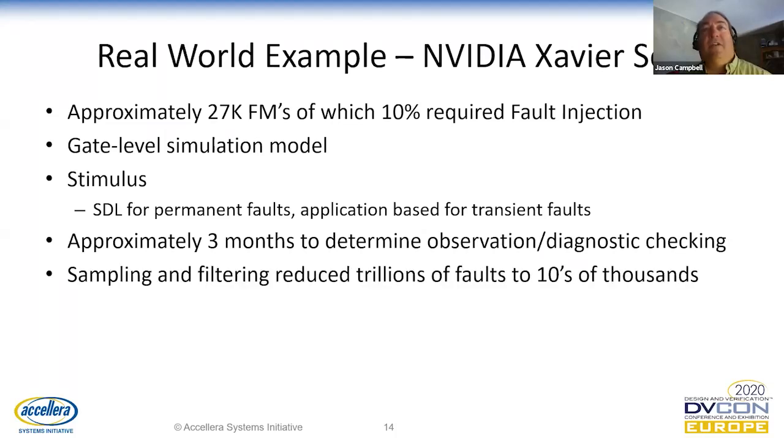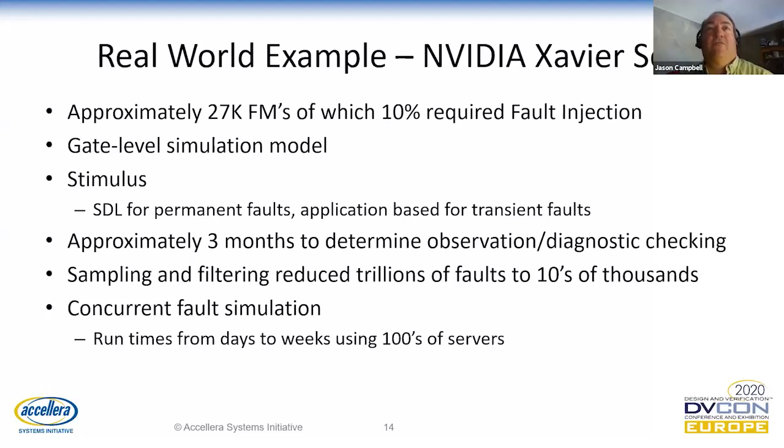Sampling, definitely key. We had to use sampling and filtering to reduce our trillions of faults down to what we could manage in simulation, which is a few tens of thousands of stuck-ats and a few hundreds of thousands of transients. We used a concurrent fault simulator. For any particular stimulus, the runtime was from days to weeks, and we used hundreds of servers.